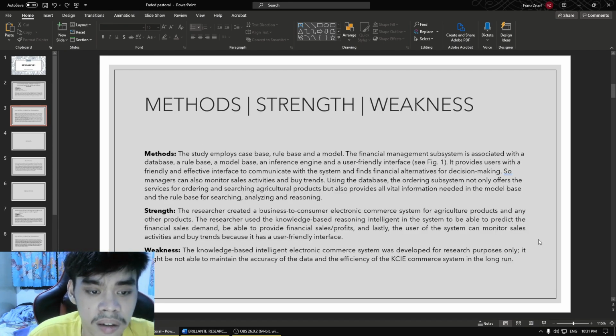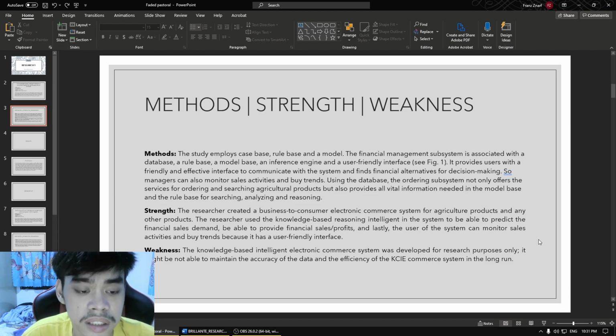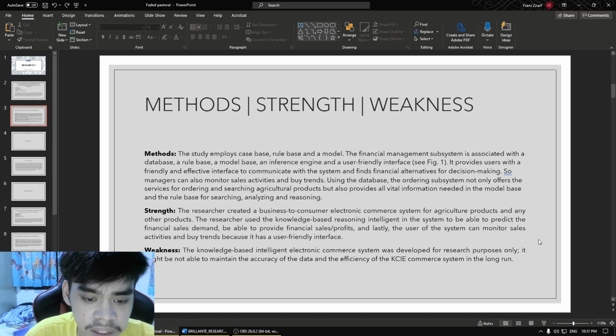For the methods, this study employs case-based and rule-based reasoning in a model. The problem here is the inaccurate gathering of data for food sales and other buying trends. The strength here is that the researcher created a business-to-consumer e-commerce system for agricultural products with AI.